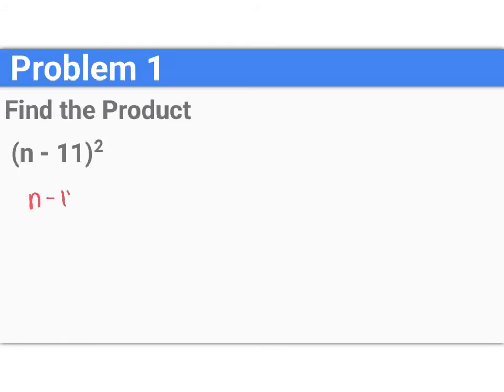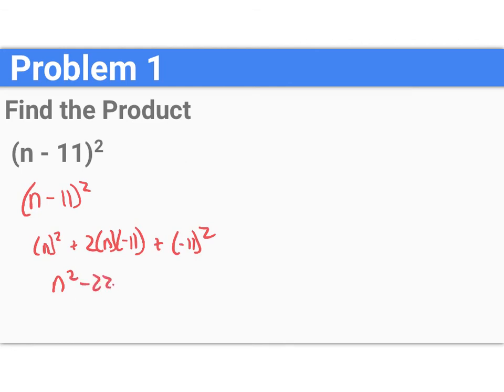Okay, so n minus 11 squared. So I am going to square n, squared, plus 2, a is n, and b is negative 11, because the sign in front of the number goes with the number, plus negative 11 squared. So n squared minus 22n plus 121.